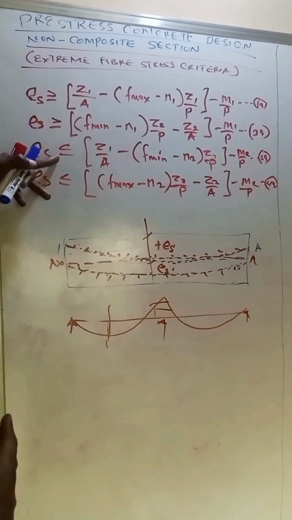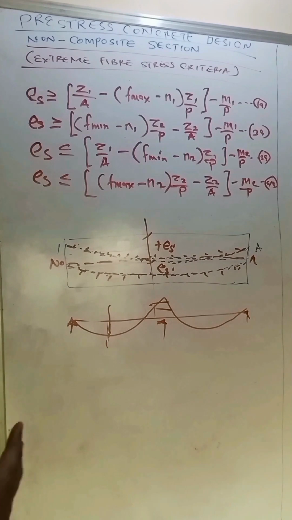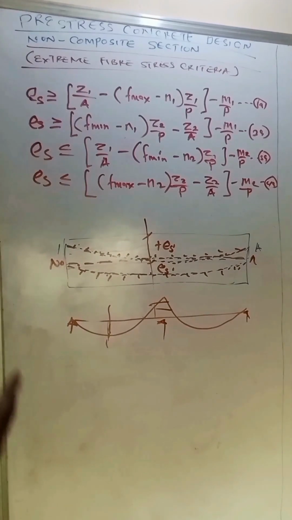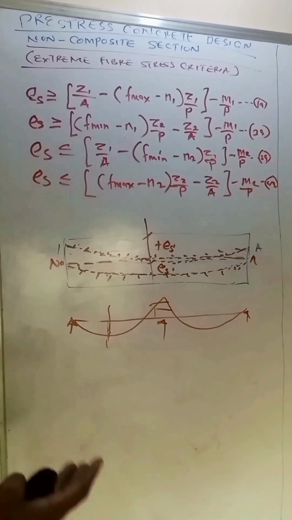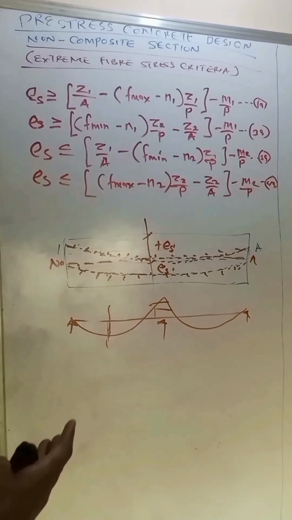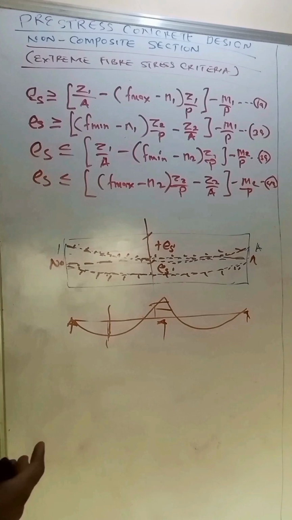So the one that has the highest value represents the upper limit, while the one that has the lower value represents the lower bound of the upper limit. Let's not get it confused. I believe we are flowing.